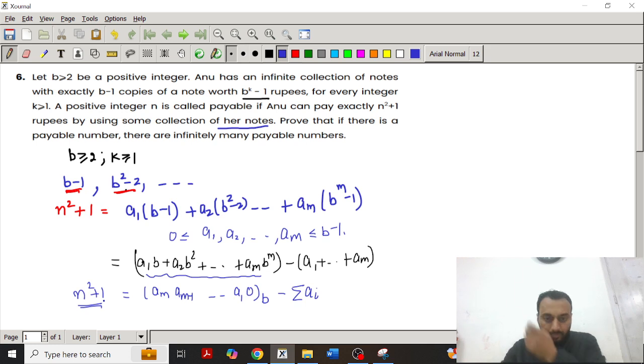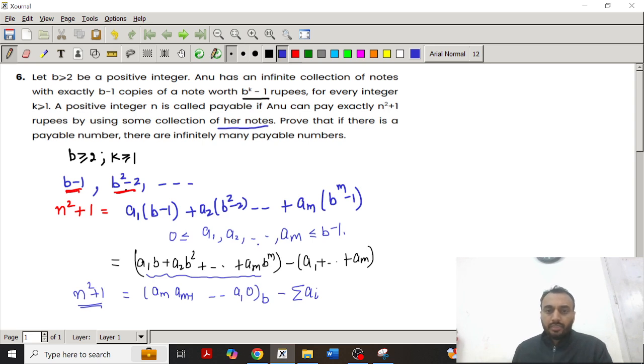So basically n square plus 1 is the number represented in base b minus the sum of its digits, and we know that this is divisible by b minus 1.